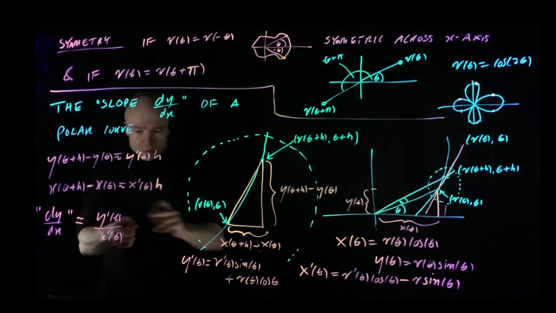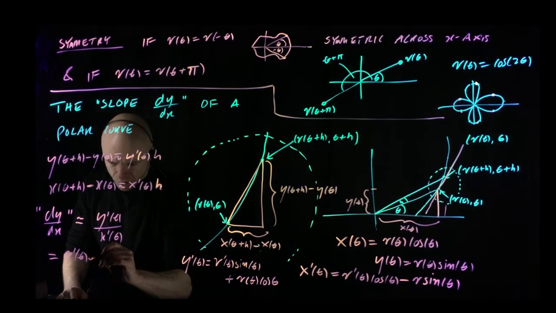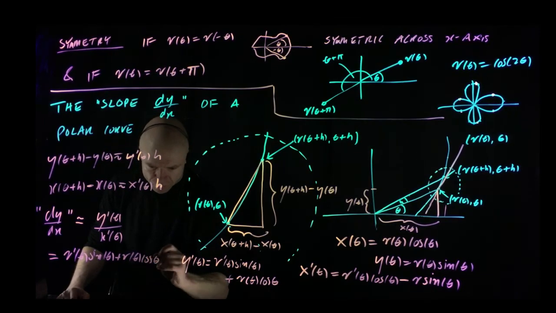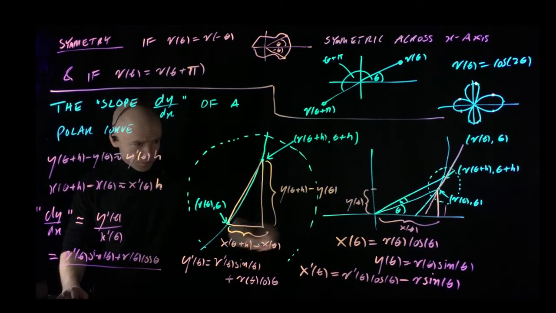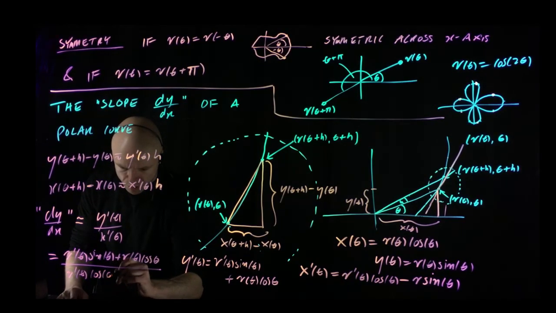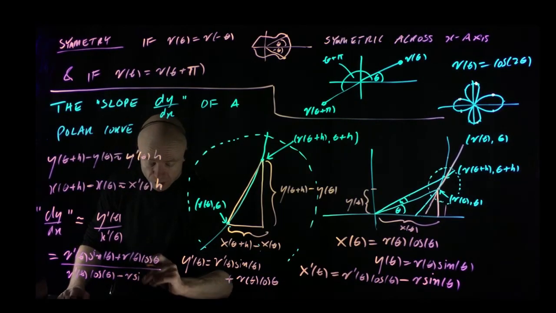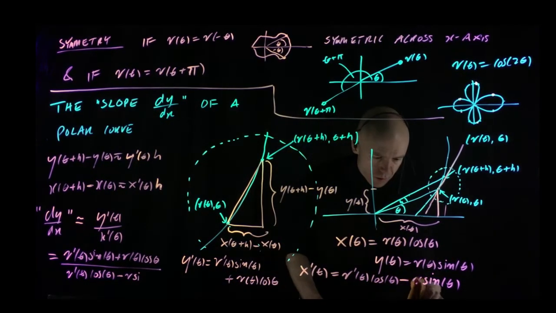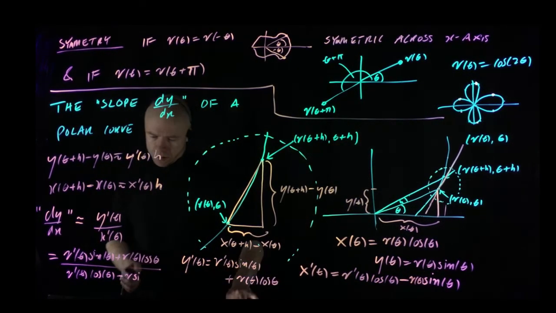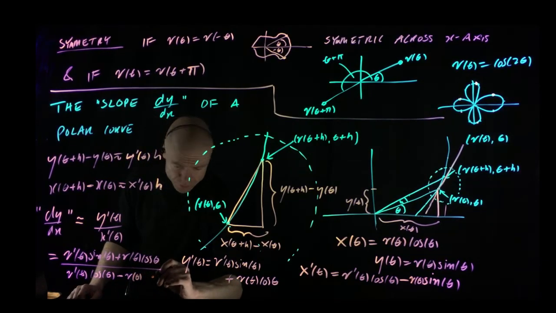Cool. So then we just have to put this into this expression. So this will just be r prime of theta sine theta plus r of theta cosine theta over that guy over there, r prime of theta cosine theta minus r of theta sine of theta.